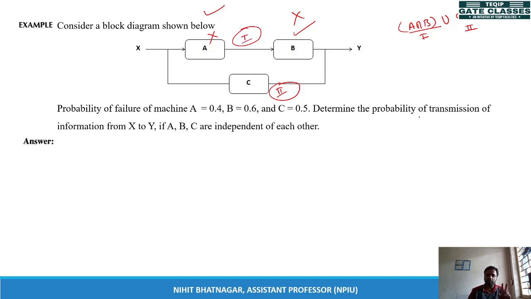But A and B have to work together. So we have to count how many possible combinations there are so that we can transmit the information from X to Y.